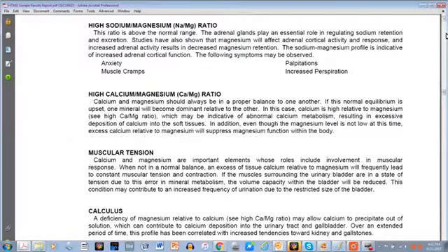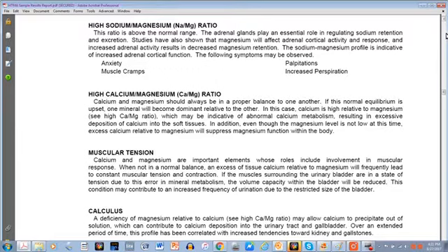High sodium magnesium ratio. This ratio is above the normal range. The adrenal glands play an essential role in regulating sodium retention and excretion. Studies have also shown that magnesium will affect adrenal cortical activity and response, and increased adrenal activity results in decreased magnesium retention.